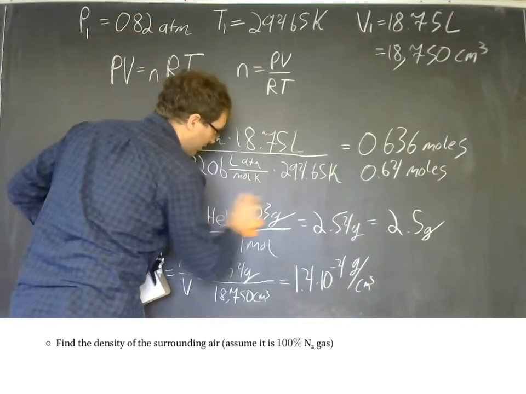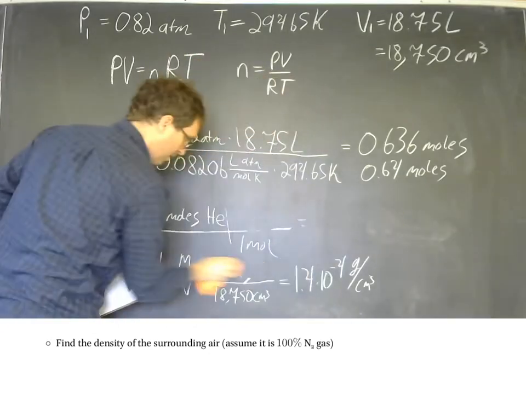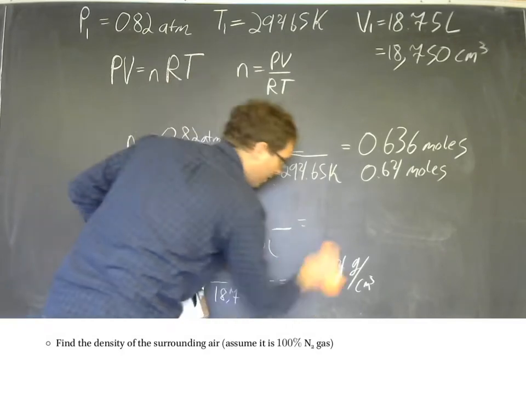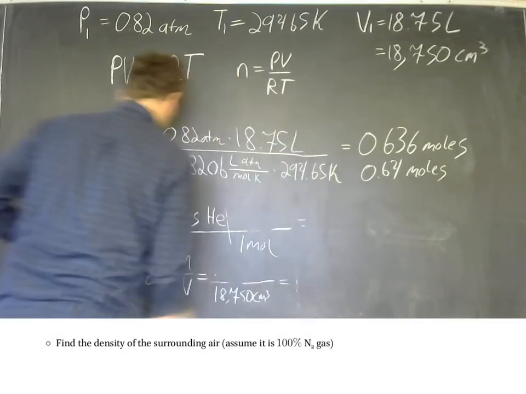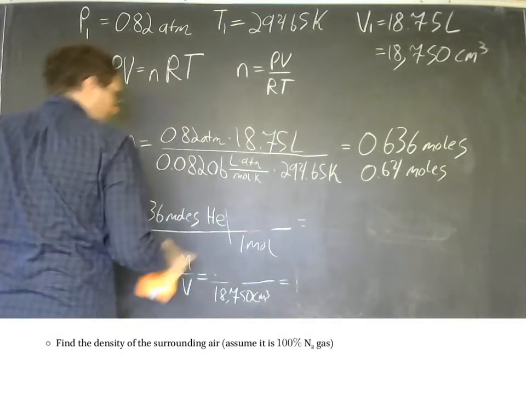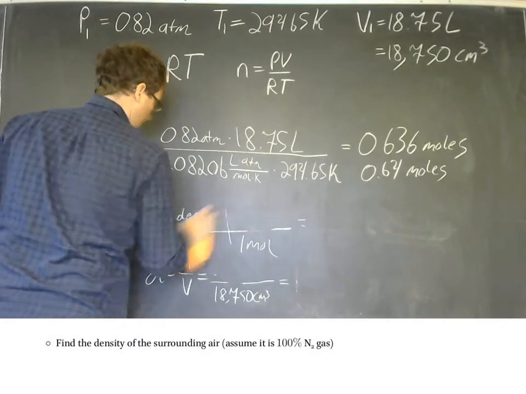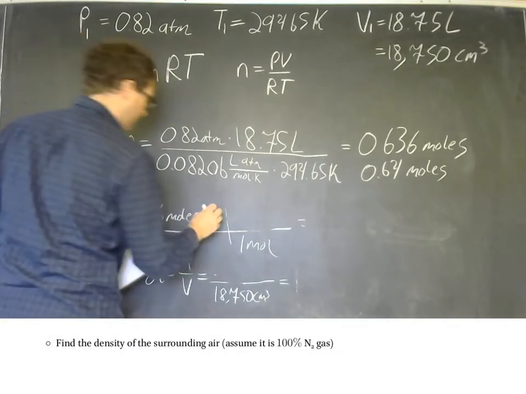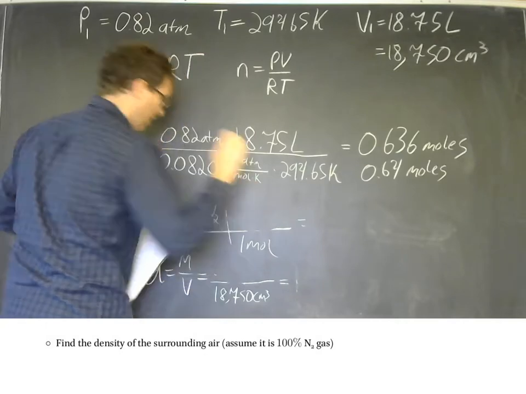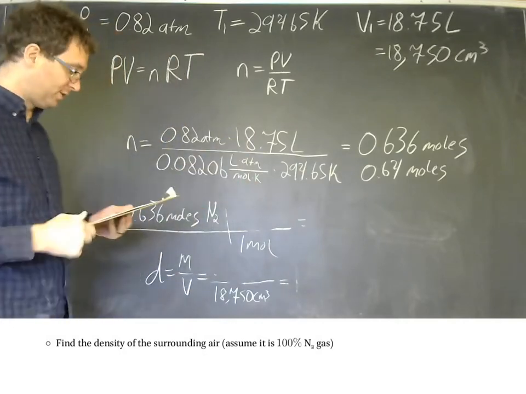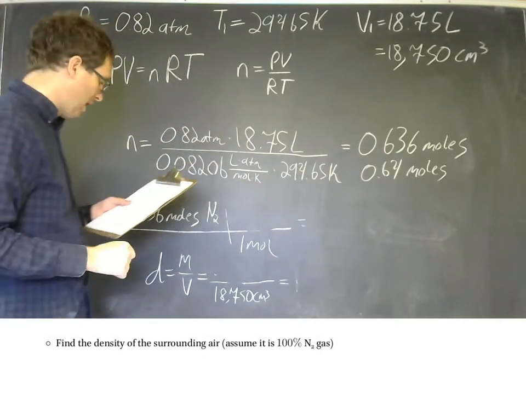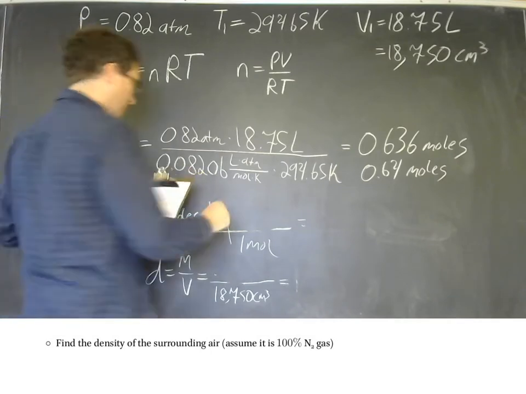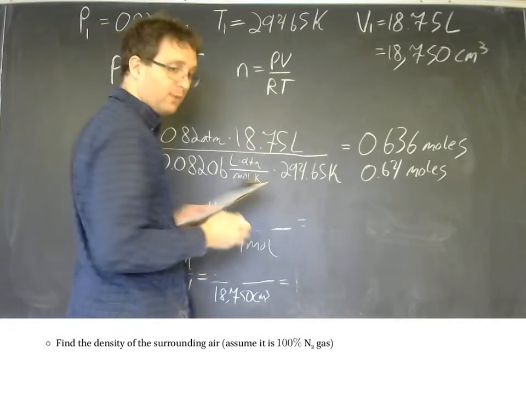I'll go ahead and change them on the blackboard right here. Okay, oop, I should change that as well. So if I have 0.636 moles of nitrogen gas, which is N2, then it would have, oh, you know what?